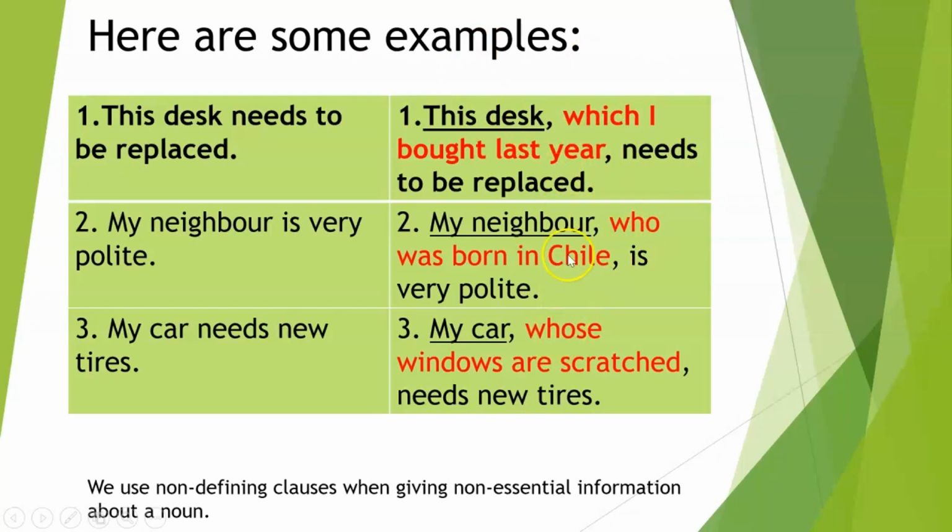These are 3 examples. And the clause is surrounded by commas, as we can see here. Now, we use non-defining clauses when giving non-essential information about a noun. When we say non-essential, we mean that if we take out the clause, the sentence, as we can see here, still makes sense.